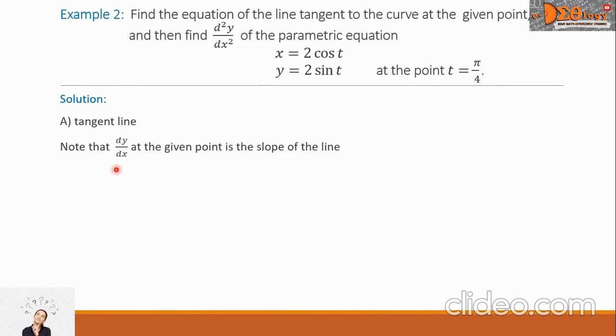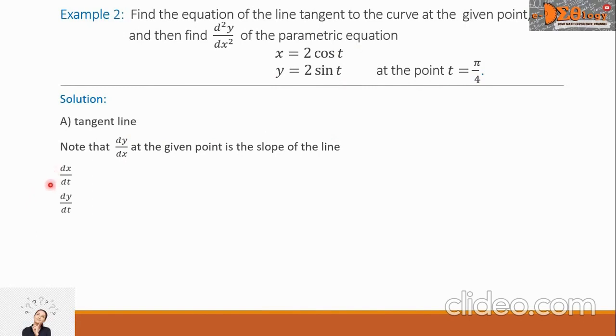We note that the dy over dx, or the first derivative at the given point, is the slope of the line. So with respect to the parametric equation, we need the dx over dt and the dy over dt.